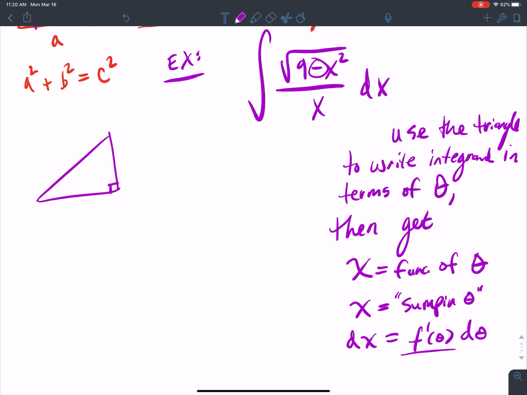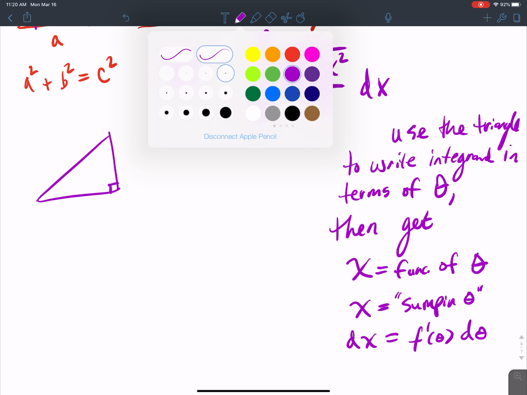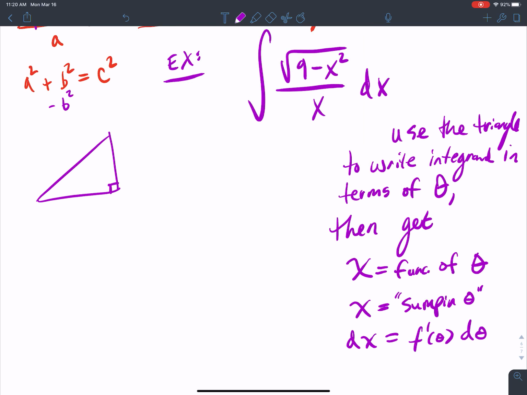I've got a minus sign in here, and I don't see a minus sign in my Pythagorean theorem, but if I subtract b squared from both sides, I all of a sudden have a minus sign: c squared minus b squared. But I don't want the leg squared. I want what the leg is. So how do I get that? I square root both sides, and now I see it.